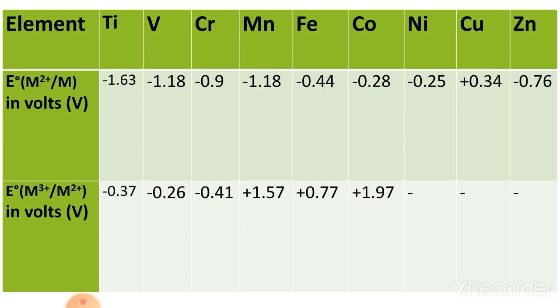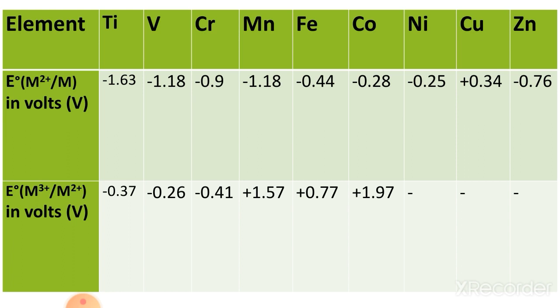Now some more points we noted down: copper plus is stable only in the dry state or in soluble salts, that is CuI, CuCN, CuCl. But in aqueous solution, copper plus disproportionates, that is 2 Cu+ gives Cu2+ and Cu.